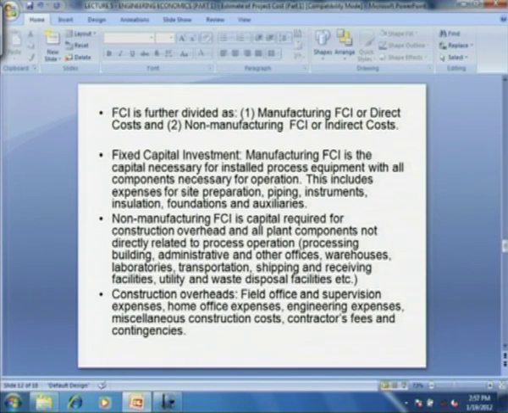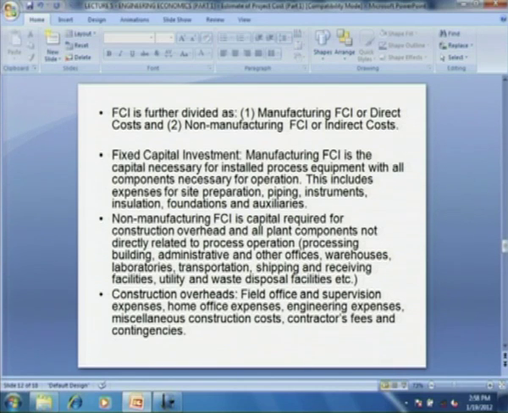Now, non-manufacturing FCI, fixed capital investment, is the capital required for construction overheads and all other plant components that are not directly related to process operation, like processing building or administrative and other offices, warehouses, laboratories, transportation, shipping and receiving facilities, utilities and waste disposal facilities, and so on.